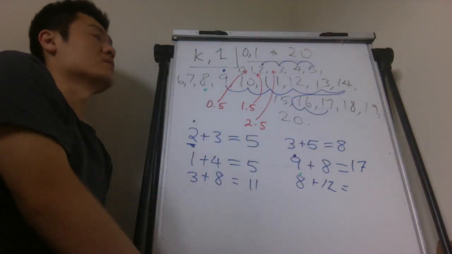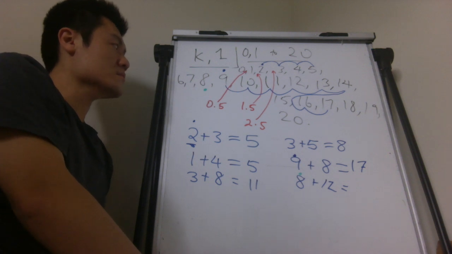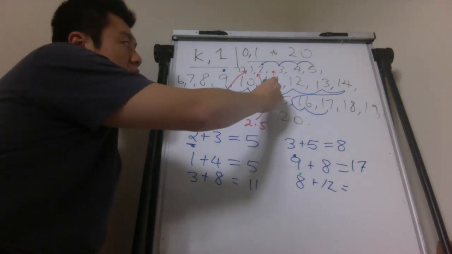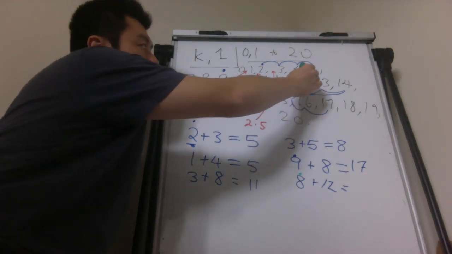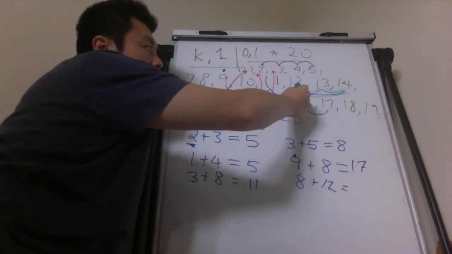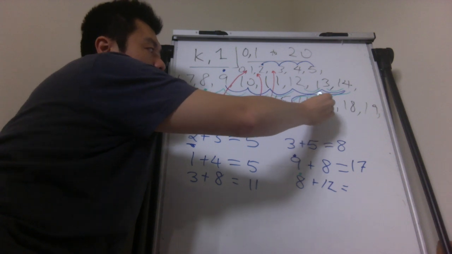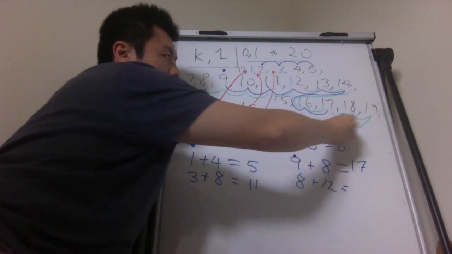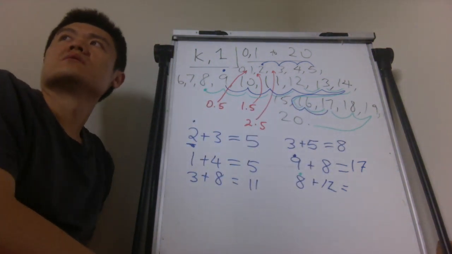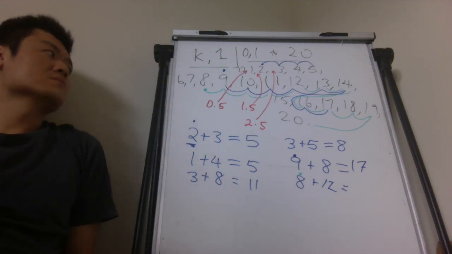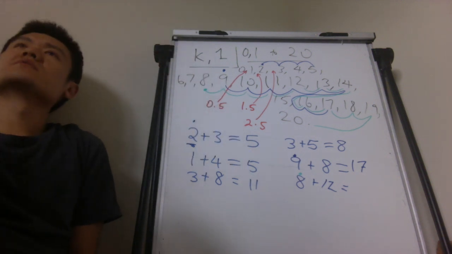You have to really listen, okay? 8, so you have to go 1, plus 2, 3, 4, 5, 6, 7, 8, 9, 10, 11, 12. Well, why the 20 is the 12? Huh? Why the 20 is the 12?